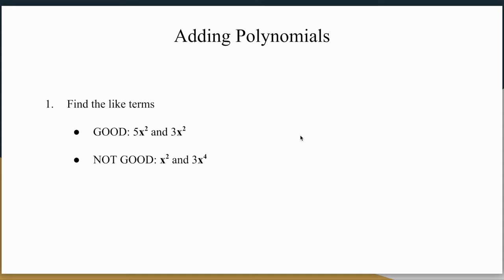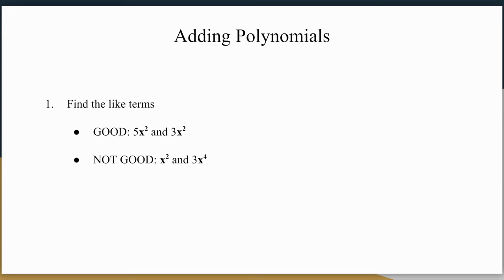Why are they unlike terms? Well, that's because they have different exponents on the variable. Okay? Like terms must have the same variable and the same exponent on that variable. If the variable is different, they are not like terms. If the exponents on the variable are different, then they are not like terms.